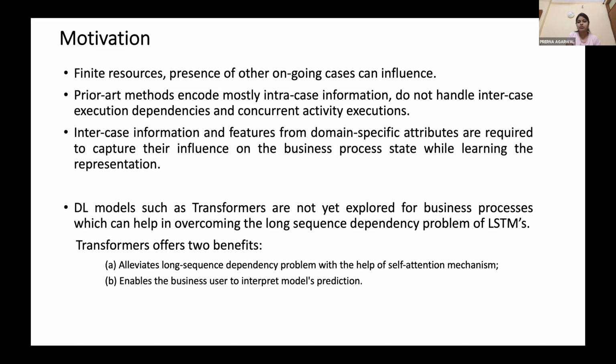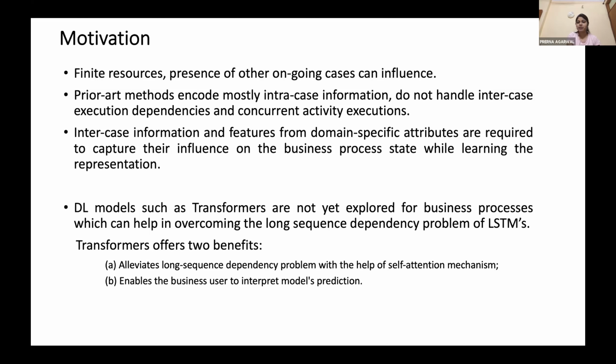We all know that LSTMs have been popularly used in recent work to handle next activity and next timestamp prediction tasks, because they perform well compared to other statistical models, but they suffer from long sequence dependency problems. For traces with long sequences, they suffer from model deterioration at a certain point.